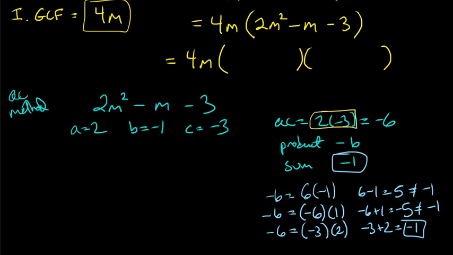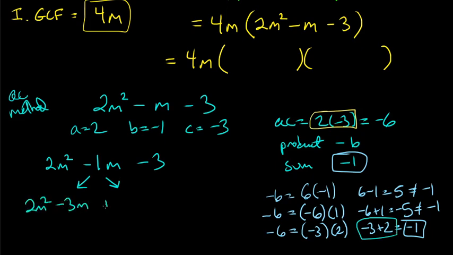Okay, so we're going to take the 2m squared minus 1m minus 3 and split up the negative 1m as negative 3m plus 2m. And now we have 4 terms.